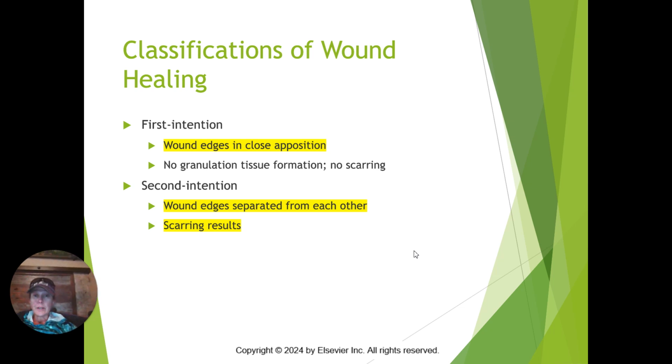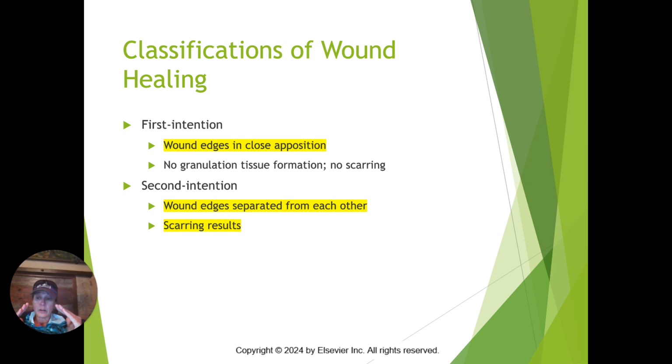So wound healing in general can also be classified as first intention or second intention. For our purposes, first intention healing is when the edges of a wound are close together. So if we suture things together, we consider that first intention healing, where the formation of granulation tissue is very limited and you don't get nearly the scarring involved, versus second intention healing.